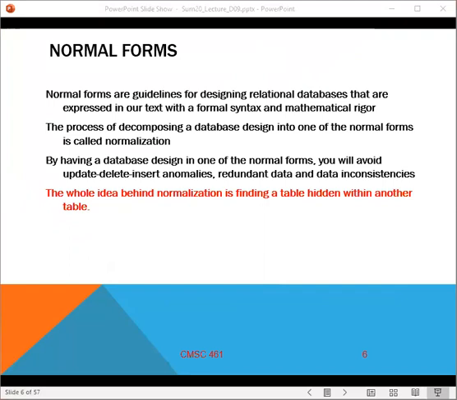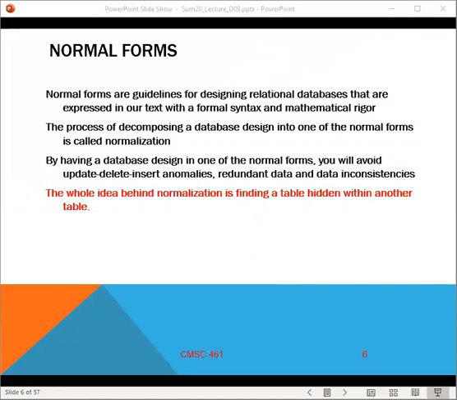The whole idea behind normalization is finding a table hidden within another table. With the normalization process, the objective is to ensure that each table conforms to the concept of a well-formed relation. In other words, each table represents a single subject.